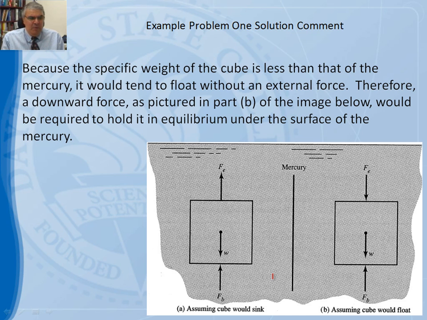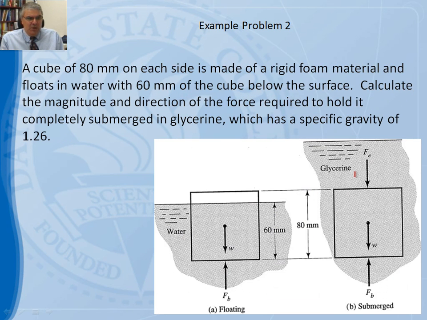Every boat has a capacity, and if you overload it, that external F sub E would be higher than it should be. In some cases, it should be 0. So as such, we would put the boat or the ship itself at risk of submerging under water. Let's take a look at another problem.